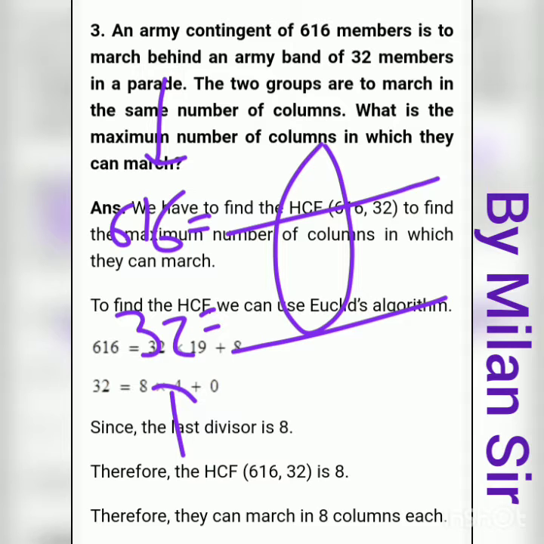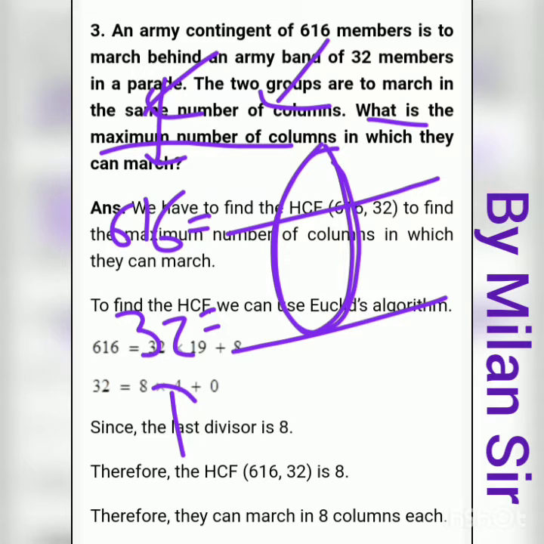So what we need to do is find the common factor of both groups. One more thing, here it is given: what is the maximum number of columns, not only the number of columns but maximum. So one more thing: we need to find the common factor, but the highest common factor. The highest common factor gives us the maximum number of columns.